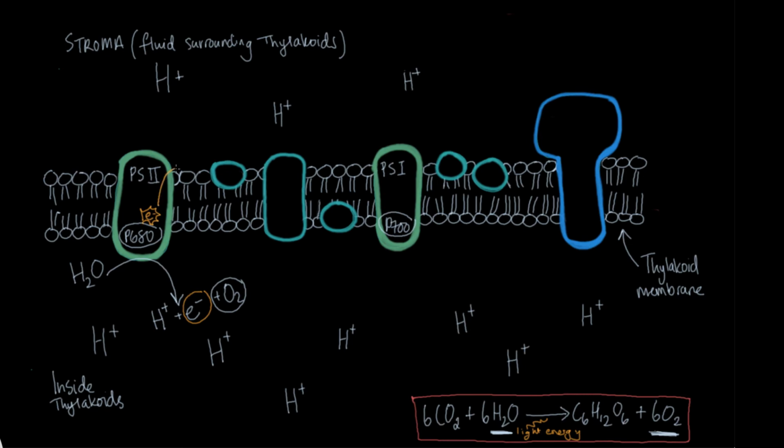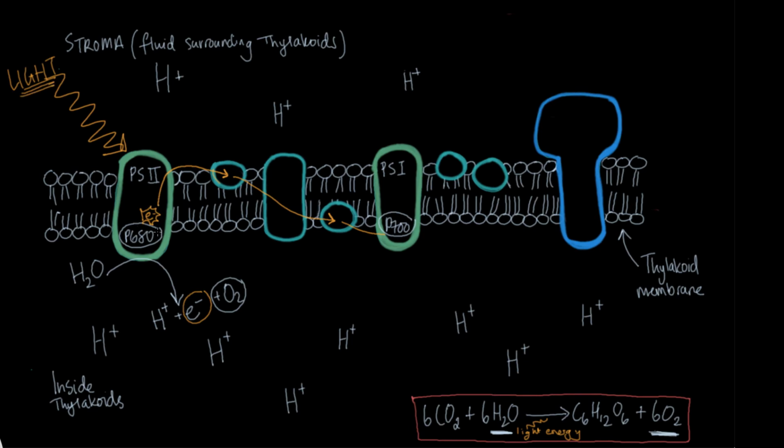It's going to be passed between these molecules here, which forms an electron transport chain to photosystem 1. And as it flows, its energy is harnessed. Where did that energy come from? It came from light. We are going to use the energy from light to energize an electron.